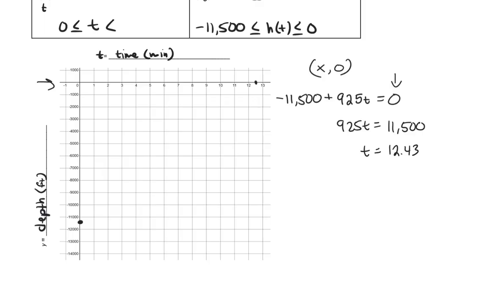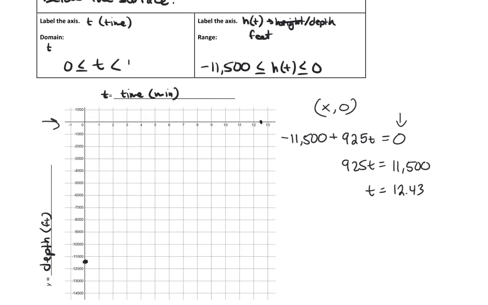Now, why did I use the x-intercept, right? Well, I used the x-intercept because I needed that for my domain statement. My time is not going to go past when I hit the surface of the ocean, right? So 12.43, I needed that number. And if I had tried to use slope intercept, if I'm going up 925 feet every minute, I can't see where those points are because I don't know exactly where 925 is here, right?